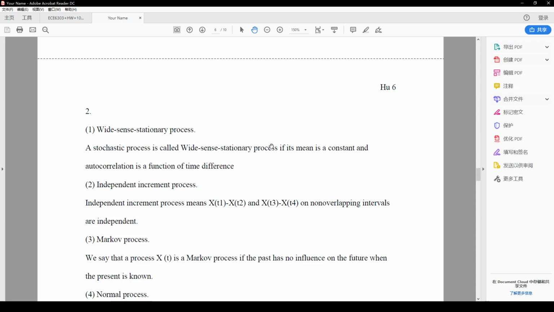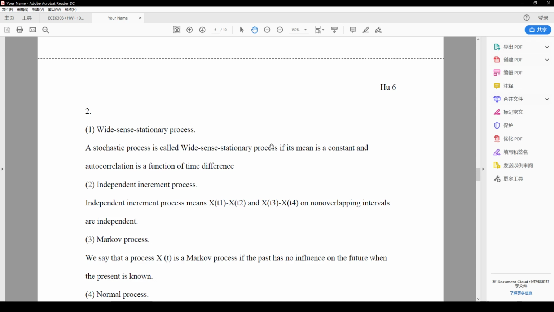So we just need to figure out the mean is usually constant or zero, like the independent or something like that. So we figure out the mean part first, and then the autocorrelation part, where we just need to figure out whether it is a function of time difference.